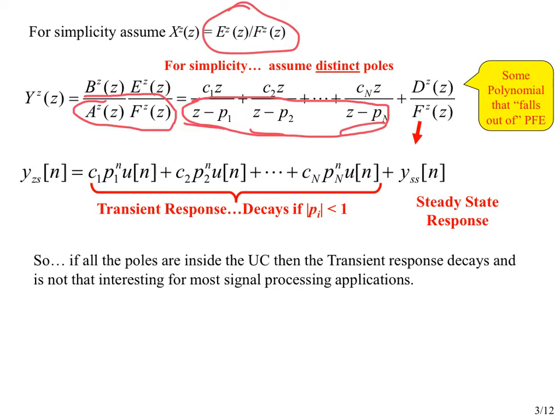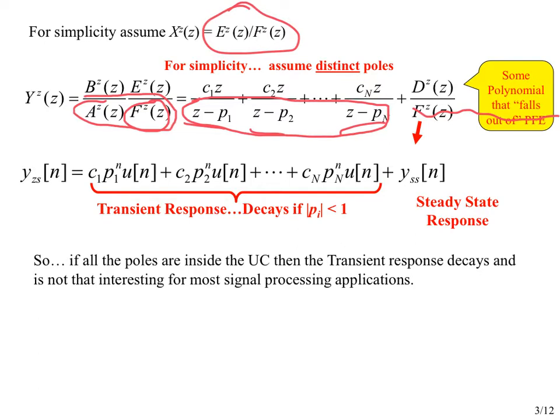And then we would continue breaking this up into all the factors of F. And so we'd have a whole bunch of terms here that would have the factors of F in the denominator of each term. But then we could smash those all back together and get back to this form.